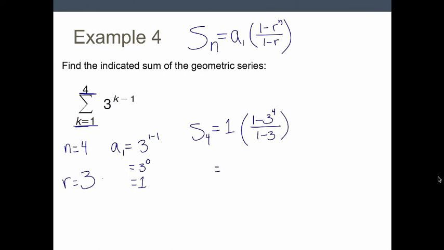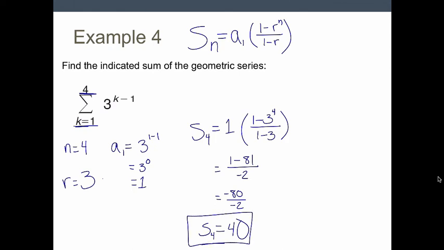Doing a little bit of math, this times by 1 on the outside really isn't affecting it because it's just 1. So I'm going to drop that off. So it's just 1 minus 3 to the 4th, which is 81, divided by 1 minus 3, which is negative 2. So we get negative 80 over negative 2, giving us a positive 40. So the sum of the first 4 terms in this series is 40.